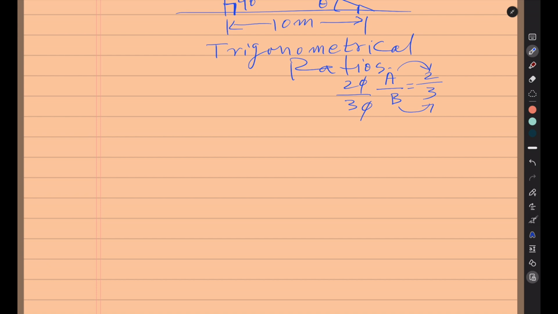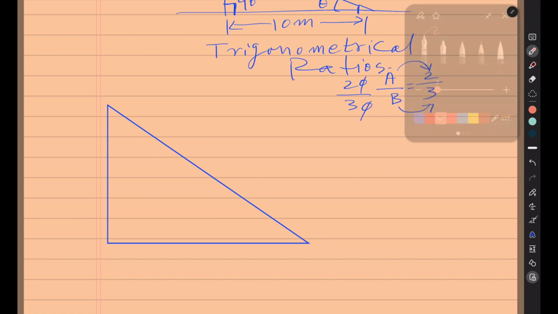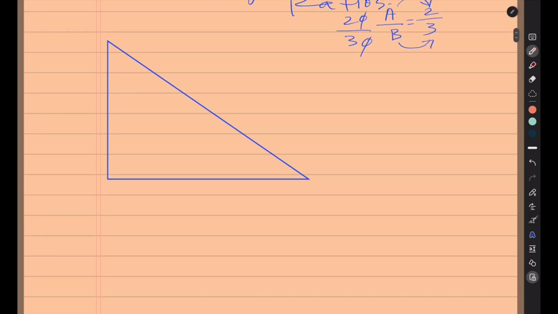So here also, let us make a right angle triangle again. Yes, so this is our right angle triangle which we will try to study. Here we have defined this angle as 90 degree and this angle as theta.